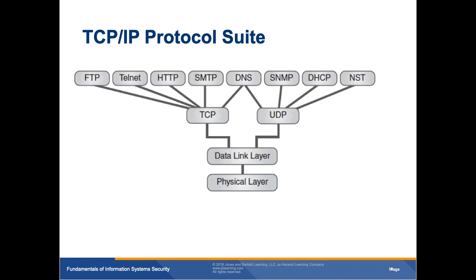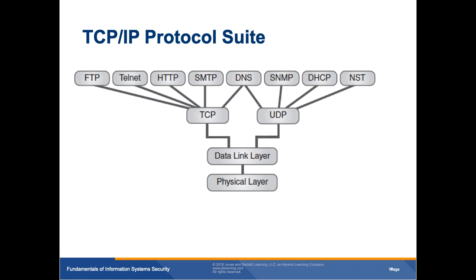Here is the TCP/IP protocol suite. You have various protocols at the application level: FTP, Telnet, HTTP, SMTP for email, DNS, domain name service, SNMP, simple network management protocol, DHCP, and then NST.